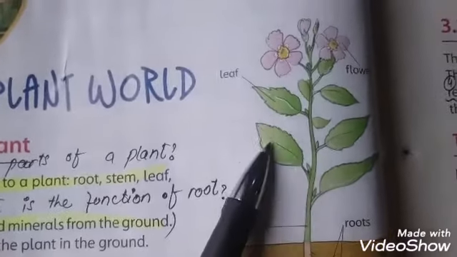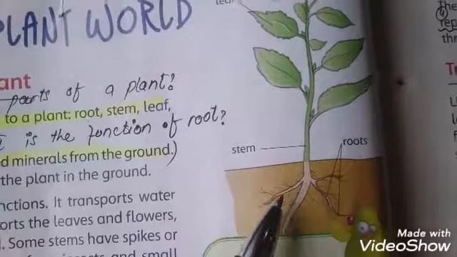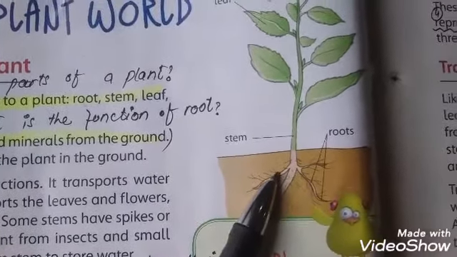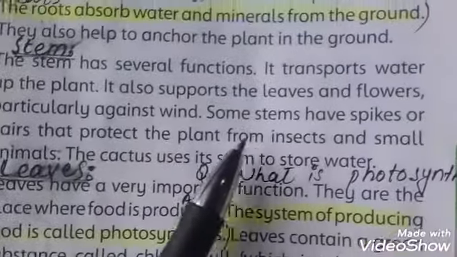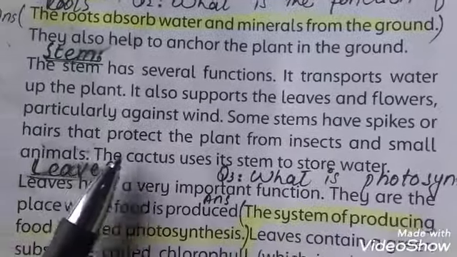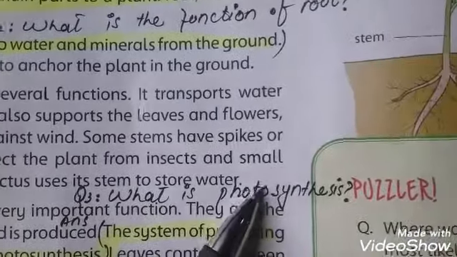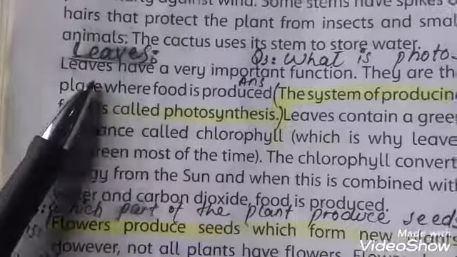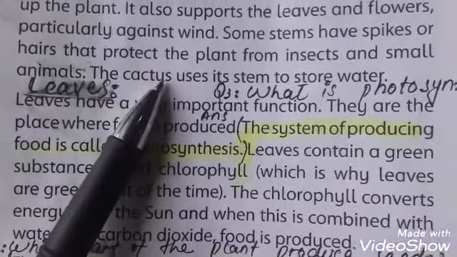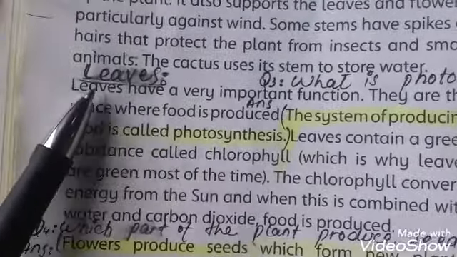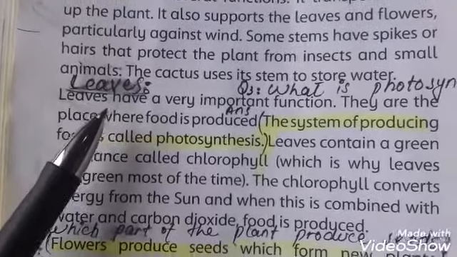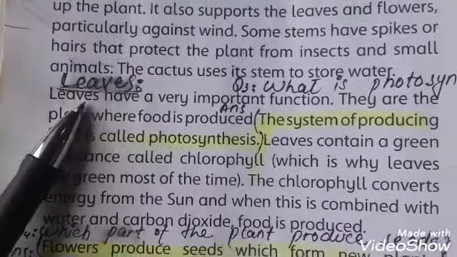It also supports leaves and flowers to stand on the plant. Students, some stems have spikes or hairs that protect the plant from insects, for example, cactus.